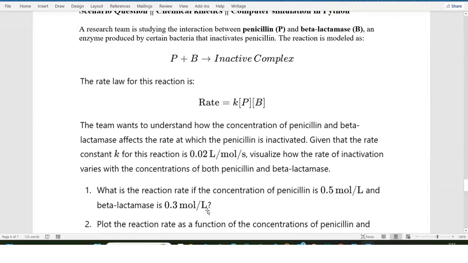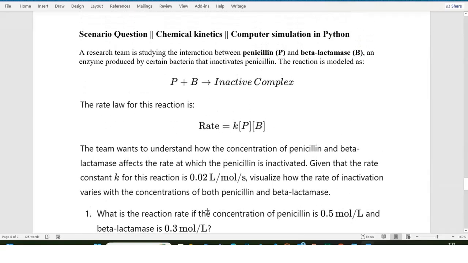So to deal with this, we have to understand that penicillin, which is an antibiotic, is being acted upon by beta-lactamase, an enzyme produced by certain bacteria, such as Klebsiella. Then there is another one called E. coli.